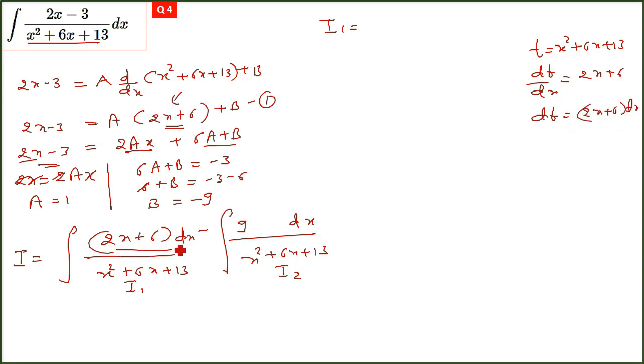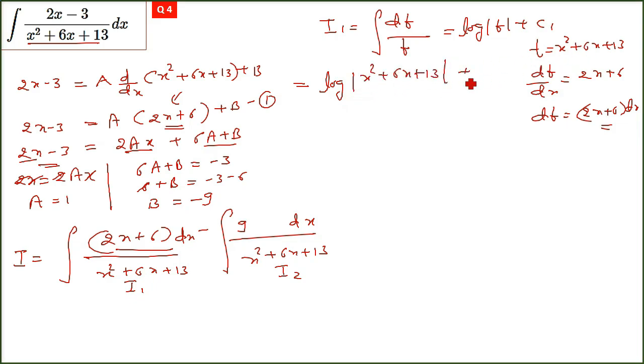This 2x plus 6 dx will be dt. What will be the denominator? It will be t. So dt by t will be log modulus of t plus constant of integration. So let me write the final answer now. Log modulus, replace t by x square plus 6x plus 13, plus constant of integration. This is the first integration, I1. Let us call the constant of integration C1.